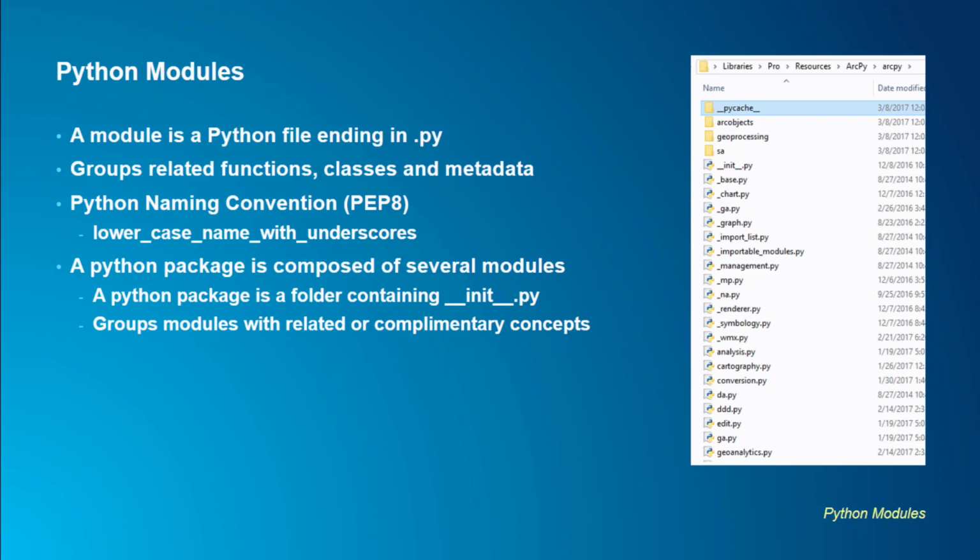It's important to also recognize that there are some naming conventions with Python modules. They're defined in PEP8, the Python Enhancement Proposal, which is available online. I didn't put a link on there, but I can get that for you if you're interested. If you take a look on your left there, you'll see that there's a number of Python files. The first ones up top there start with the underscore.